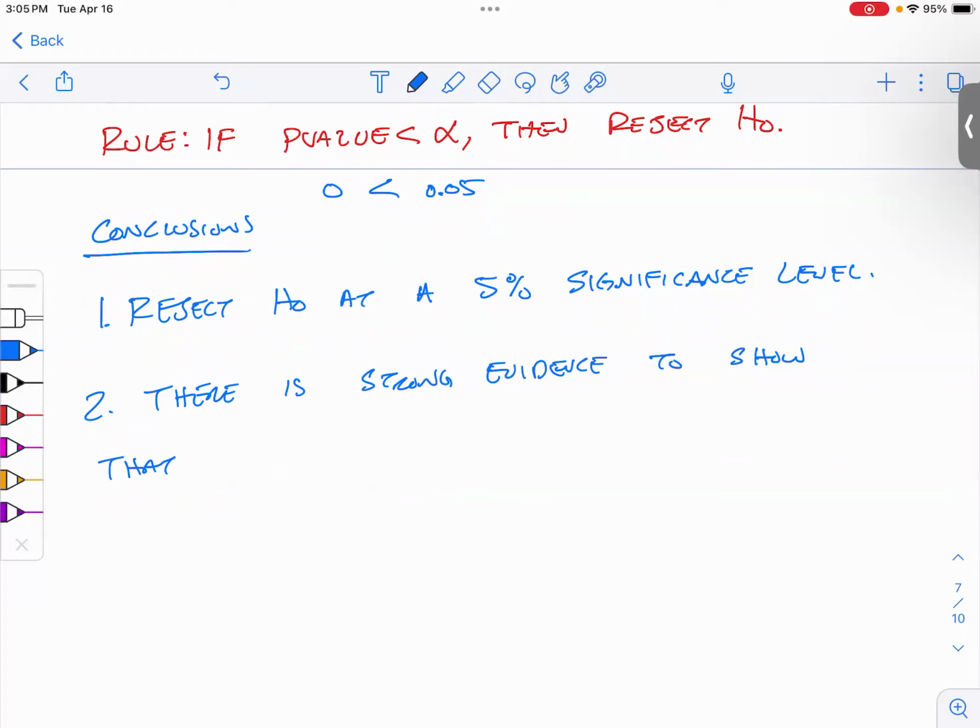All right, and remember with reject H0, strong evidence, fail to reject H0, weak evidence. Remember, these words are always paired with your decision.